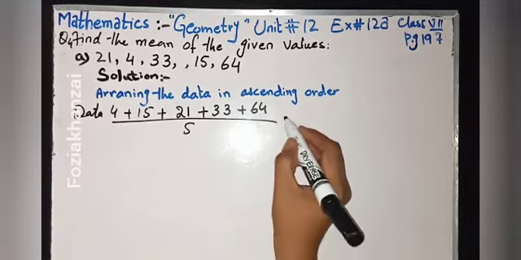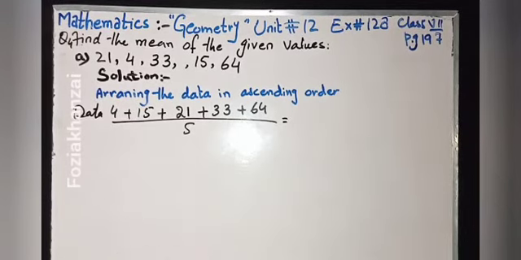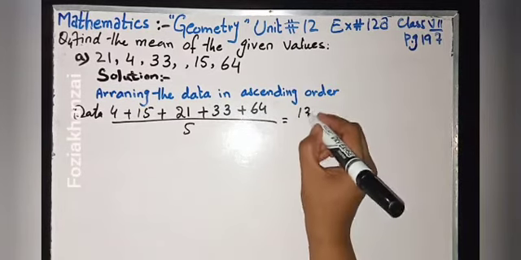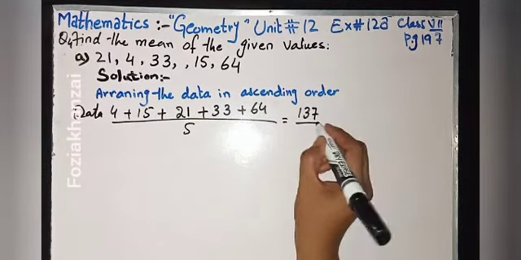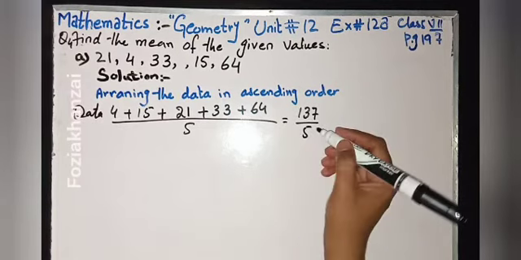Now we add them: 21, 15, 4, 33, 64 is equal to 137. 137 divided by 5.